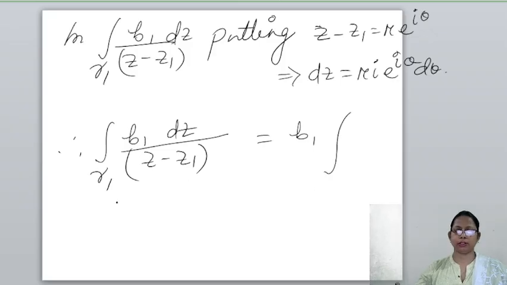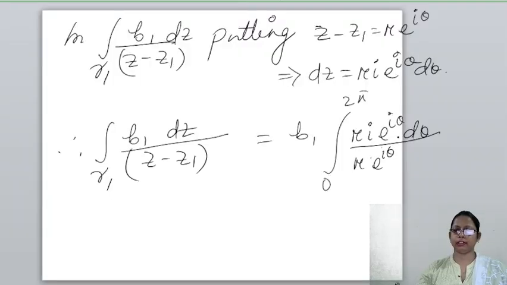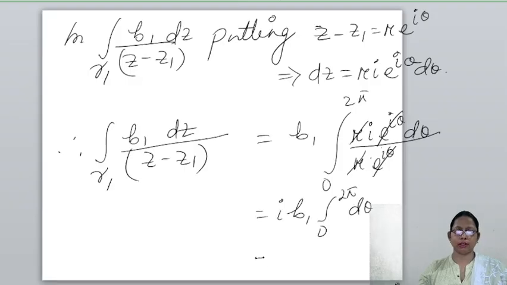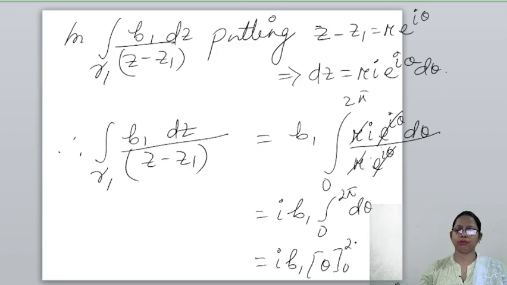Here gamma 1 is a circle, so theta varies from 0 to 2 pi. Put the value of dz, r i e^(i theta) d theta, and the denominator is r e^(i theta). Cancel the common term, so i comes outside the integral sign, leaving the integral from 0 to 2 pi of d theta. This is equal to i b1 theta from 0 to 2 pi, which equals 2 pi i b1.